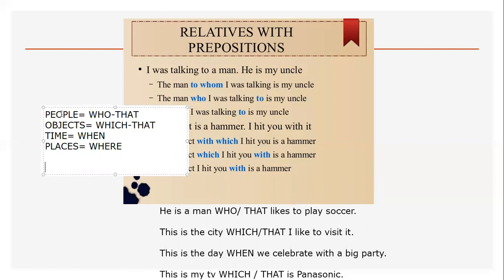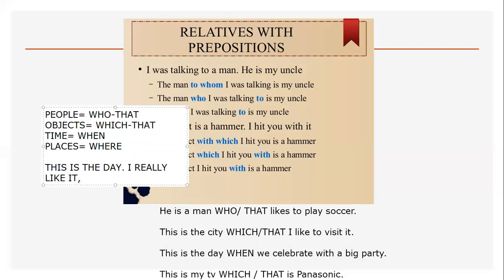One more time. So if I say, this is the day that I really like, aquí estoy creando una sola oración usando un relative clause. Si yo no creara la relative clause, entonces yo diría, this is the day and I really like it.